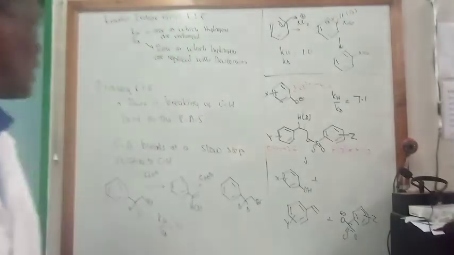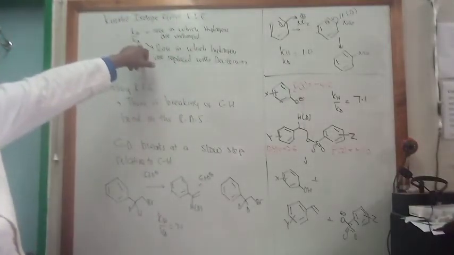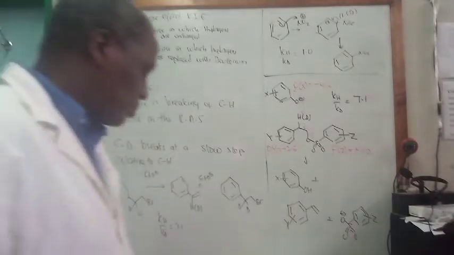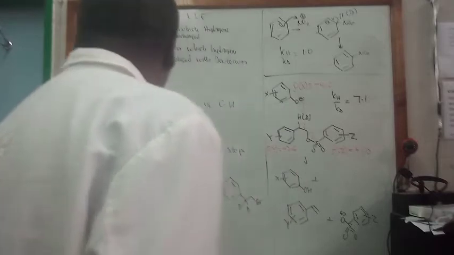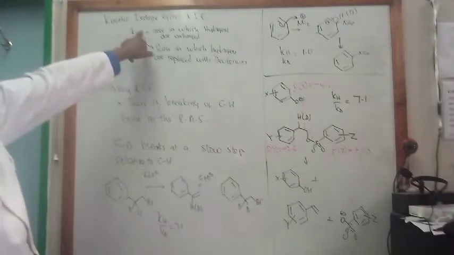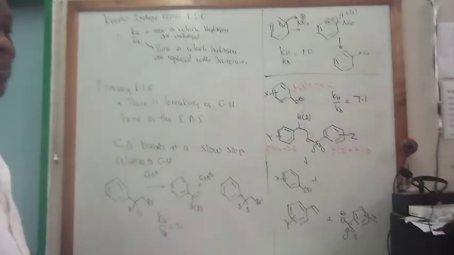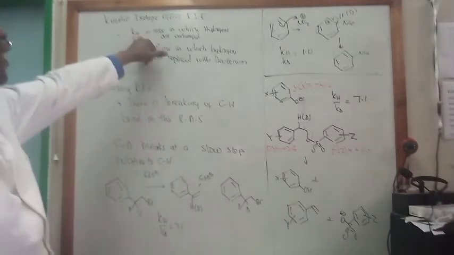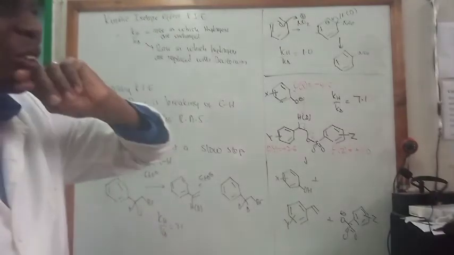So in this case, what you're saying is that the ratio of the rate of the hydrogen to the deuterium, that ratio is called the kinetic isotope effect.